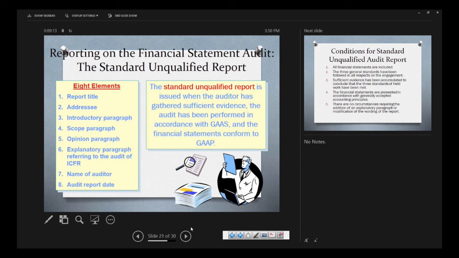And if there's a disclaimer of an opinion, then there's going to be more than just modifying the opinion, right? Because you're essentially saying that you can't give an opinion on the financial statements. So you're going to modify the introductory paragraph, you're going to modify the scope paragraph, and so on. So know what gets modified in the audit report when you issue a particular type of opinion. Not what the wording is, but what's modified.